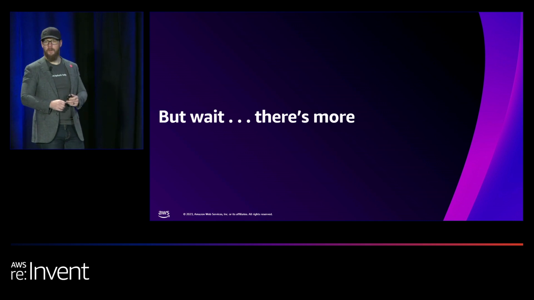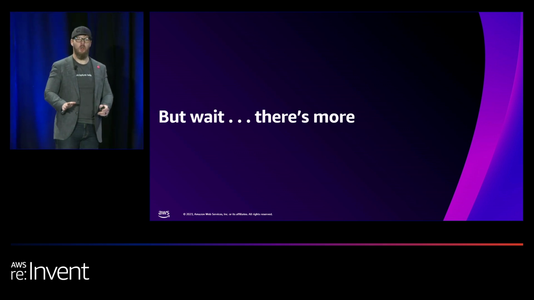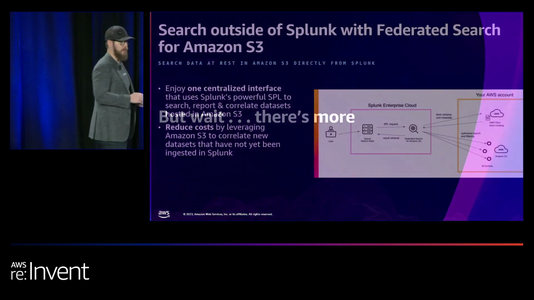But wait, there's more. So I'm going to talk about some stuff that may not necessarily have to do with observability, but it is super duper cool. And it was recently announced by Splunk.